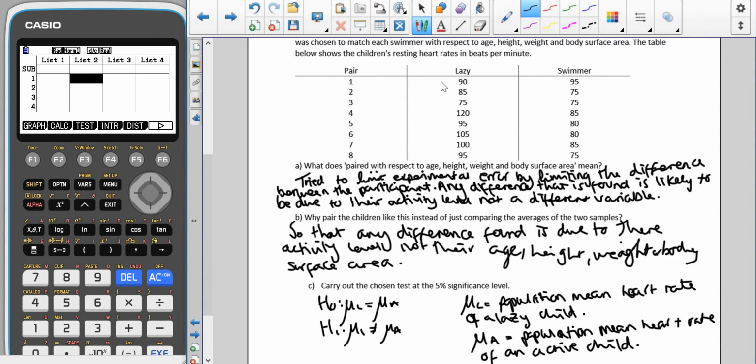Now you could just do your subtractions, or you can use your graphical calculator to help you to do this. So in your graphical calculator, I'm going to type the lazy children's heart rates into list 1.